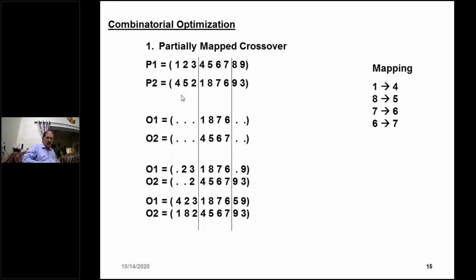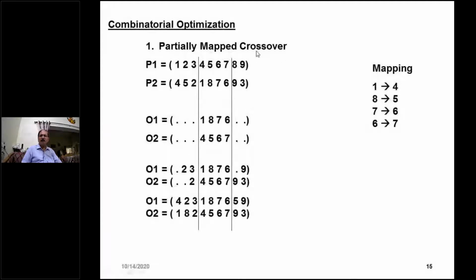So what you have to do when there is a combinatorial optimization problem? For the combinatorial optimization problem, different types of crossovers have been developed. One is the partially mapped crossover, known as PMX crossover.